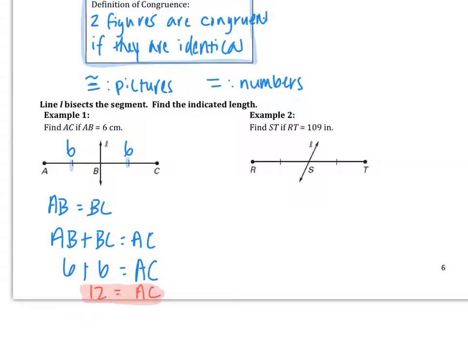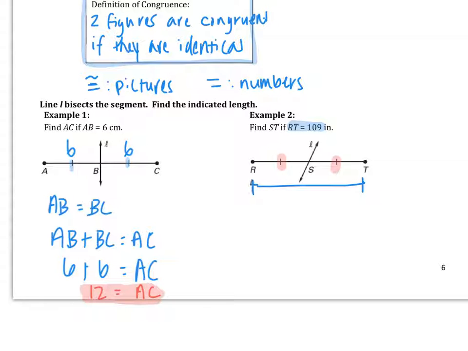All right, so example 2. Find ST if RT is 109. So once again, these little dashes tell us they're the same. So it says that RT equals 109. So RT is from the beginning to the end.